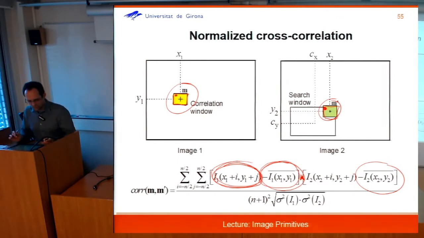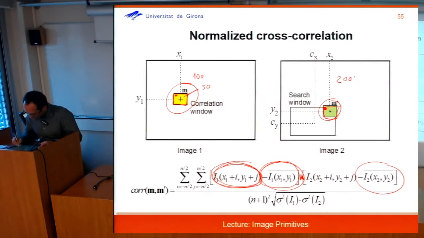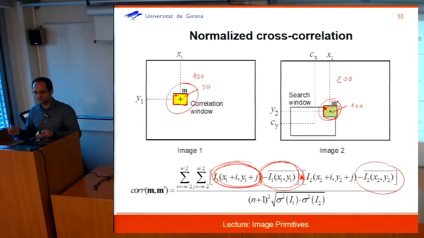I'm trying to compensate for differences in lighting. So the normalized cross correlation is taking into account this effect, in which I said this is 100 and this is 50 and this is 200 because there's twice as much light, and this is 100. The correlation is going to work perfectly. Even if it's an affine transformation, it's going to have robustness against this.